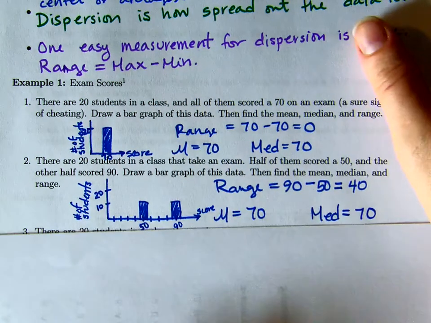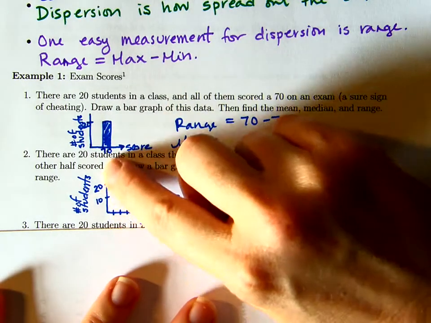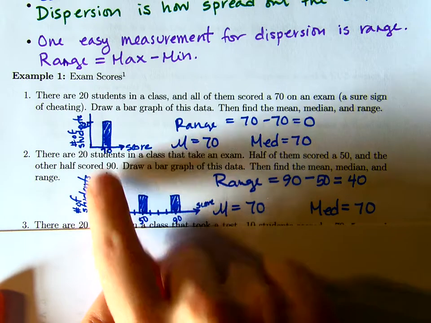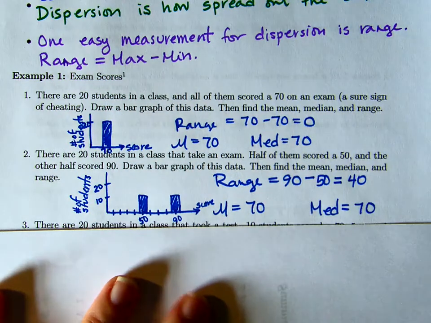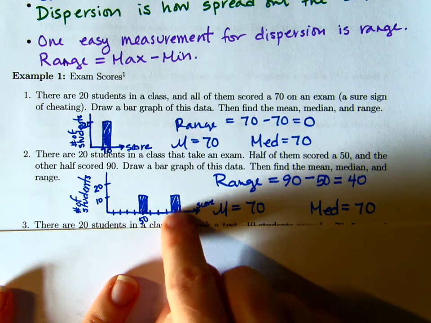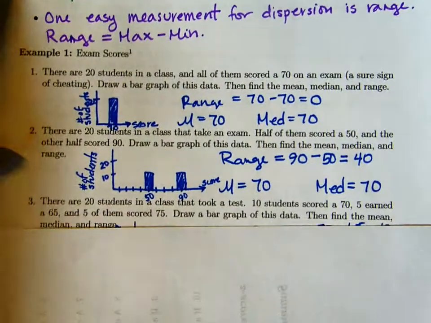And I stopped at 90 because that was the highest I needed to go. And then along the vertical, I put number of students. And I tried to make 20 about the same height as in number 1, and then 10 is halfway up. So at 50, 10 of them scored a 50 and 10 of them scored a 90. Now let's look at this third class.